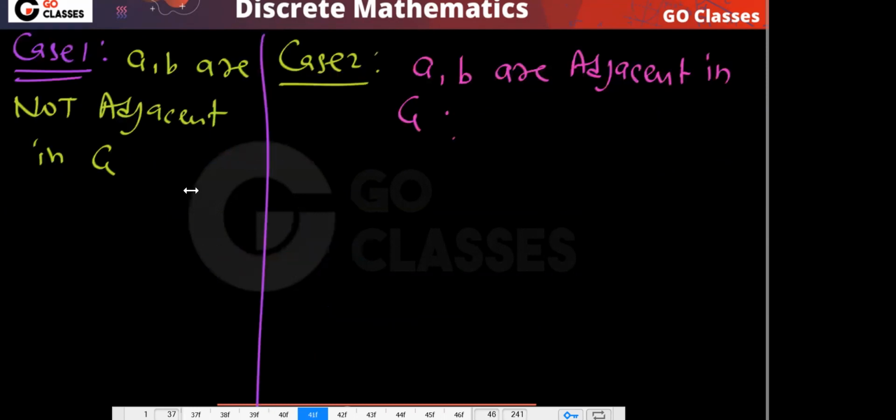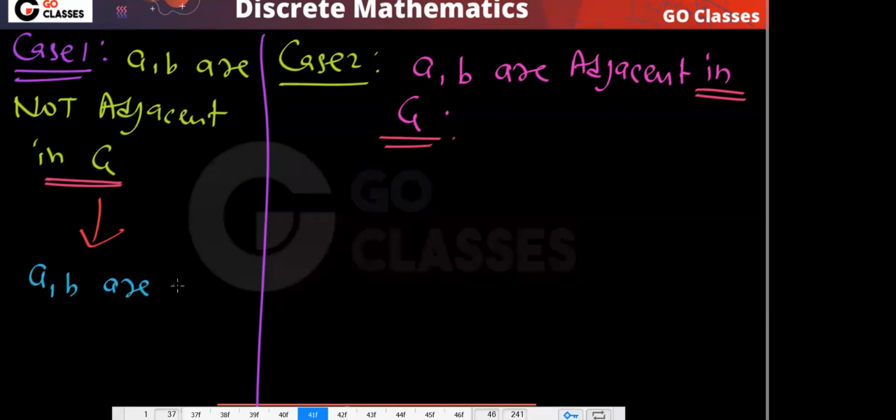Now for these 2 vertices in G, what will happen? Either they will be adjacent or they will not be adjacent. If they are not adjacent in G, then can I say they will be adjacent in G bar? If they are not adjacent in G, means there is no edge between them in G, then it means A, B are adjacent in G bar.